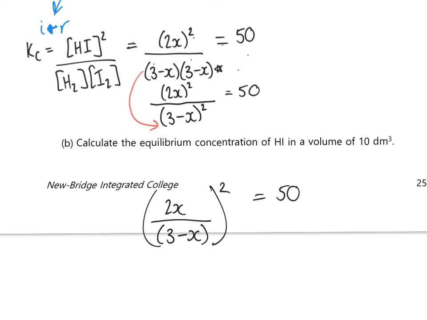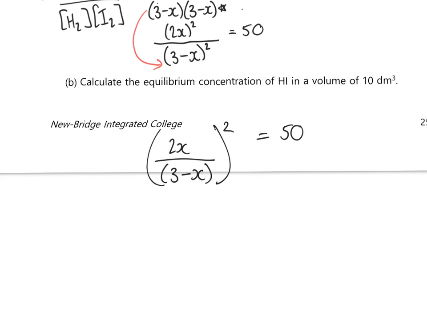At this stage, if I multiply this out and make x squared, I'm going to end up with a quadratic equation, and you don't want to do that anyway. So what I can do instead is, if I bring the squared to the other side, what am I doing on the other side?